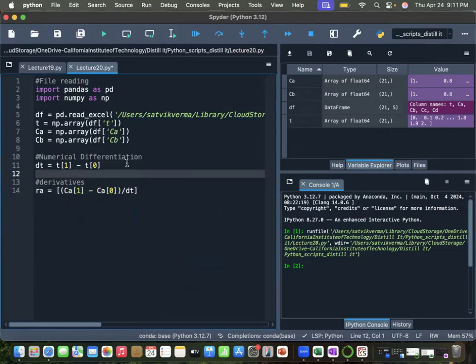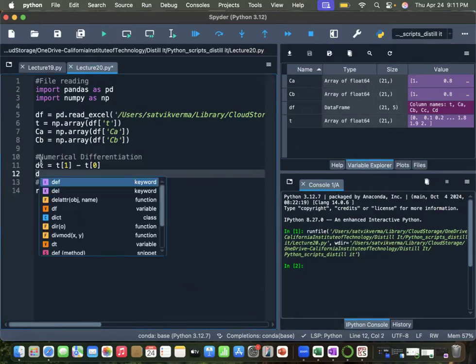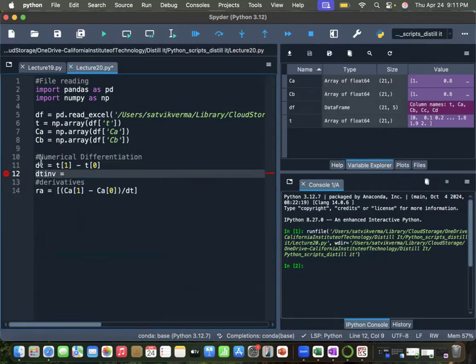One thing that may be useful is that when any programming language has to perform division, that takes a lot more time and it's a lot more complex compared to multiplication. Since in every derivative we have to divide by dt or 2 dt, it is a good idea to use another variable such as dt inverse as 1 over dt.